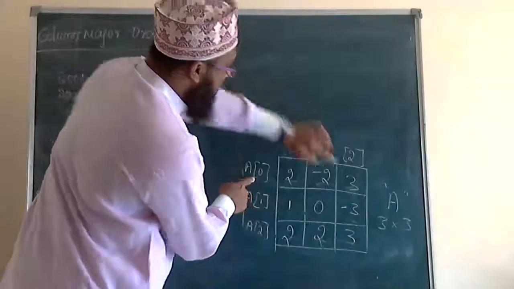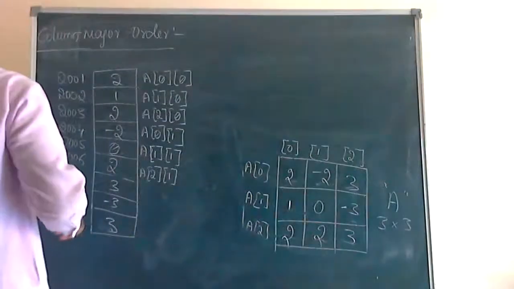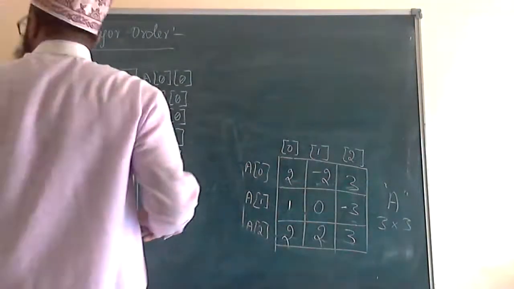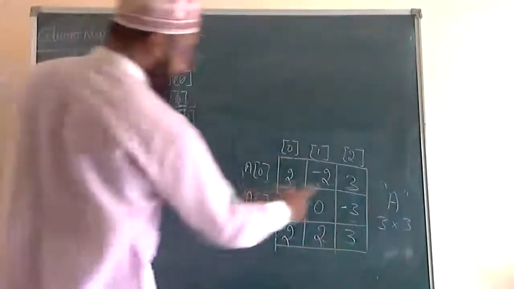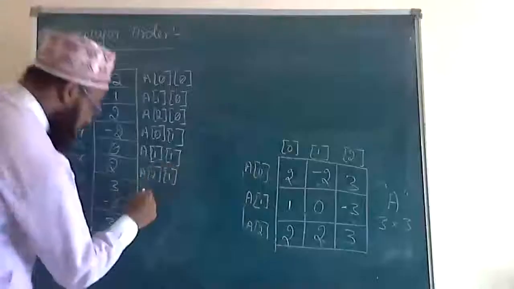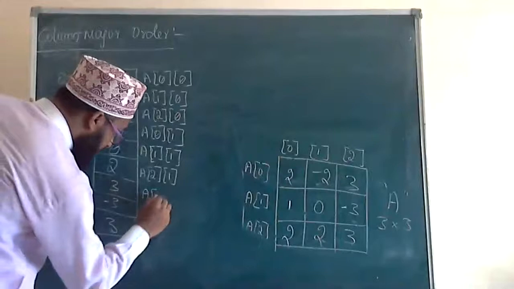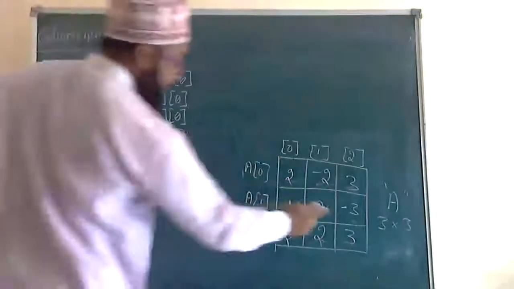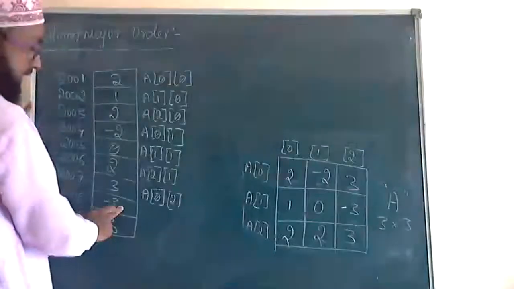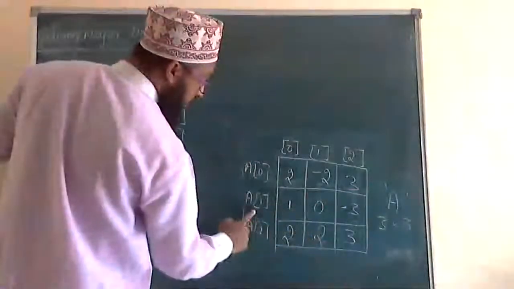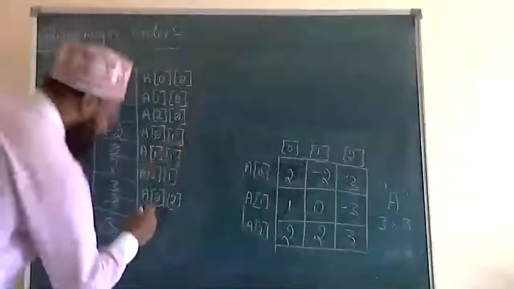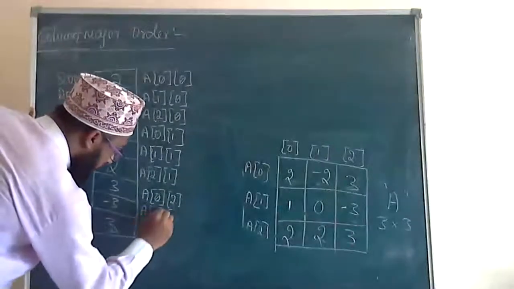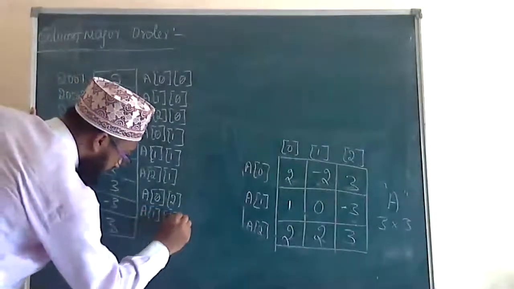Okay, then 3, 3, it is having a of 0, 2. For this 3, a of 0, 2. Okay, then minus 3 is stored here. And for this, a of 1, 2, a of 1, 2.